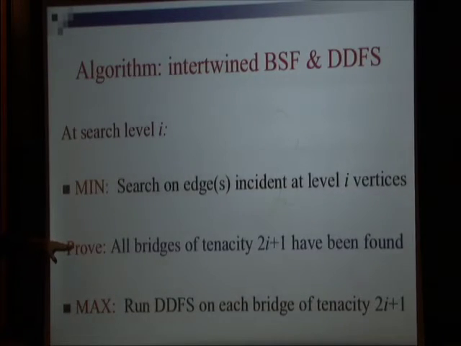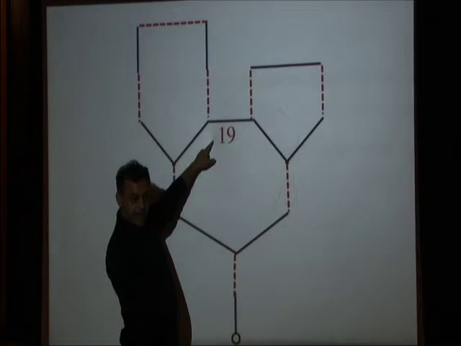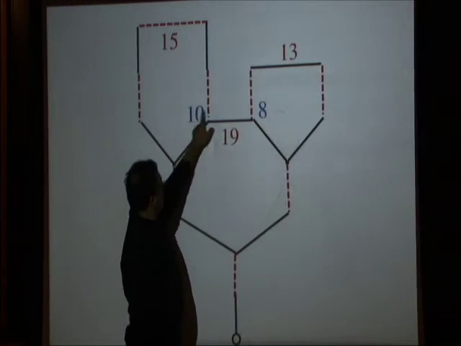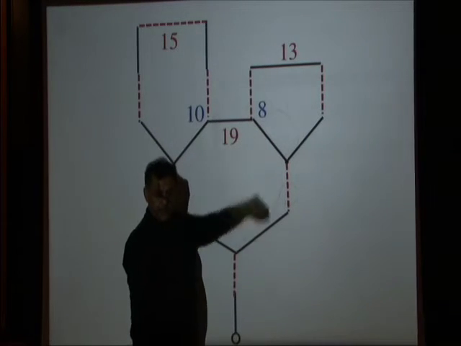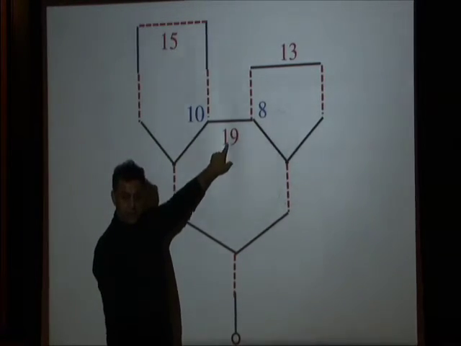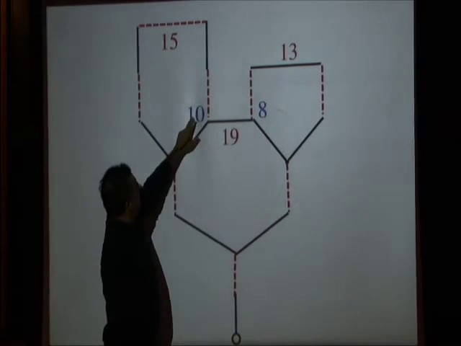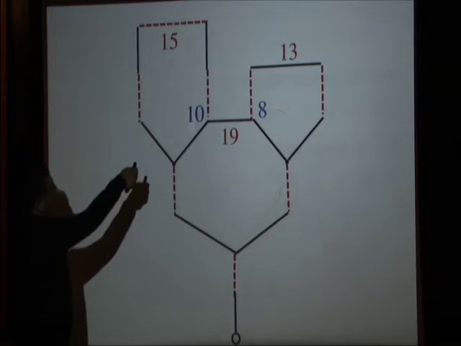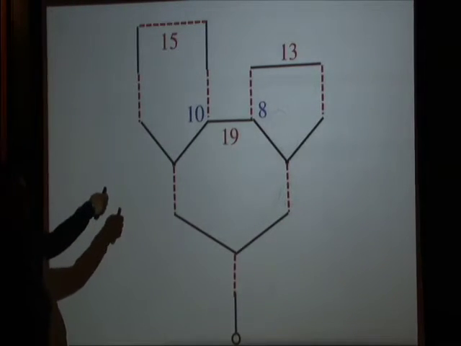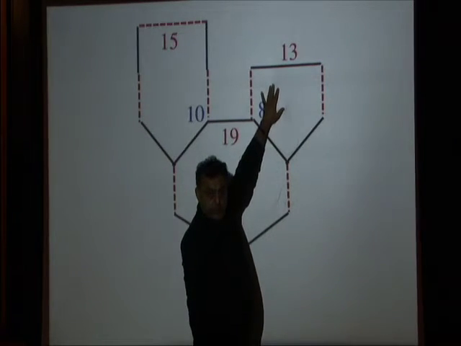How do we know that? Well, what about this one? This is a bridge. I claim its tenacity is 19, 10 plus 8 plus 1. Will it be found before search level 19 minus 1 over 2, which is 9? Yes, because this 10 will be found at 15 minus 1 over 2, which is 7, and this 8 will be found at 13 minus 1 over 2, which is 6.